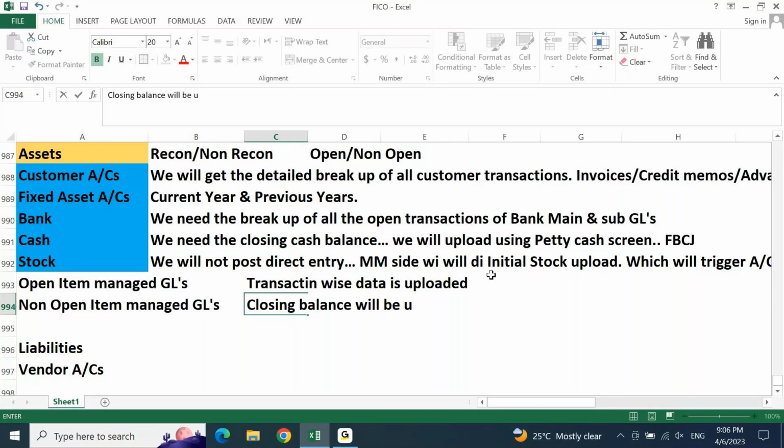So you will not bring the detailed breakup. Let's say one account is having 10 transactions in my legacy system for 1000 rupees. I am not going to put the breakup of 1000 rupees. Instead, I will put only one line item as closing balance 1000. If it is an open item, I have to give the detailed breakup. If this 1000 is part of 10 transactions, I have to upload 10 entries.